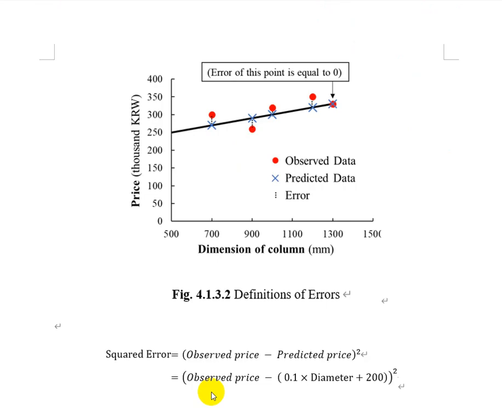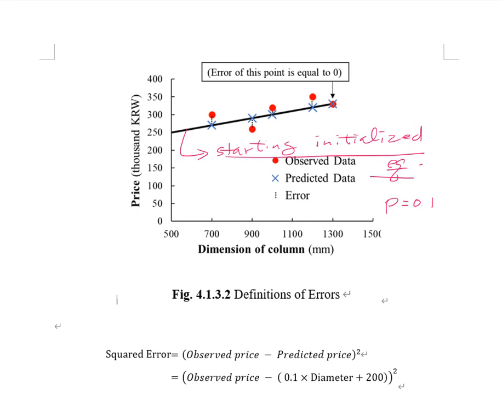You assume this linear line as your starting initialized equation. For example, the price equals 0.1 times the diameter of the column plus 250.